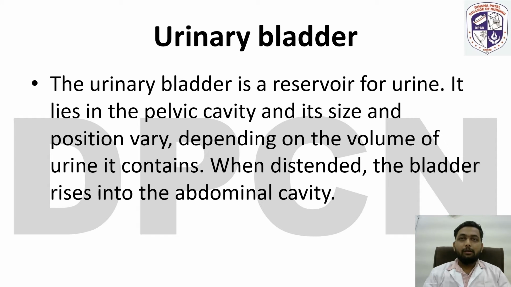When the bladder is empty, its size is different, and when the bladder is full of urine, it is also different. When distended, the bladder rises into the abdominal cavity. Means when the bladder is full of urine, it may distend into the abdominal cavity.